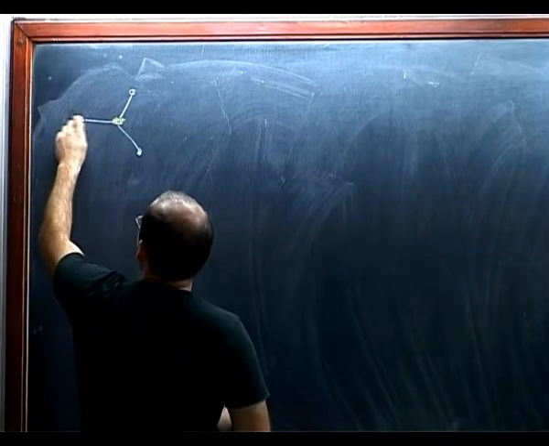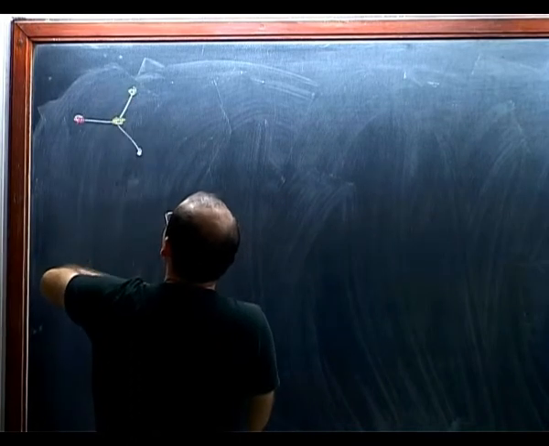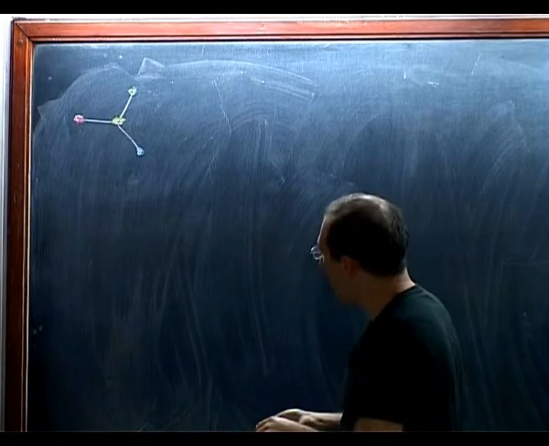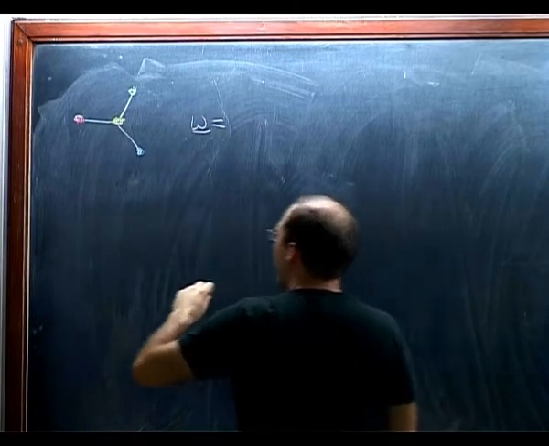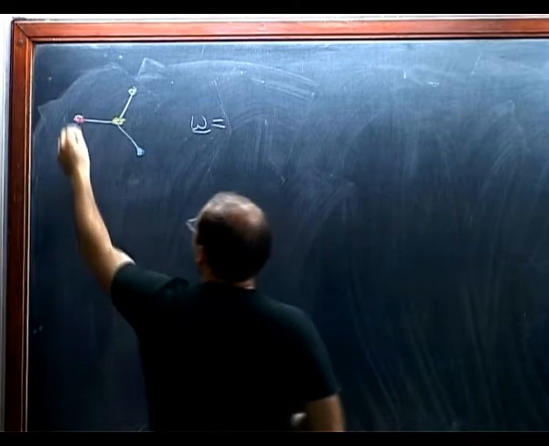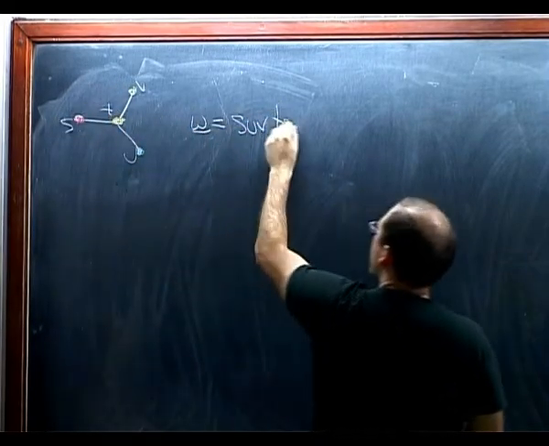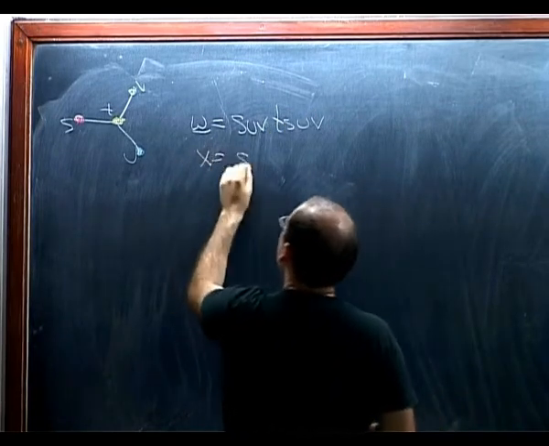I could use it, I won't, even though that seems like it would make things easier. Okay? And we're going to let W be s u v t s u v, and x be x.